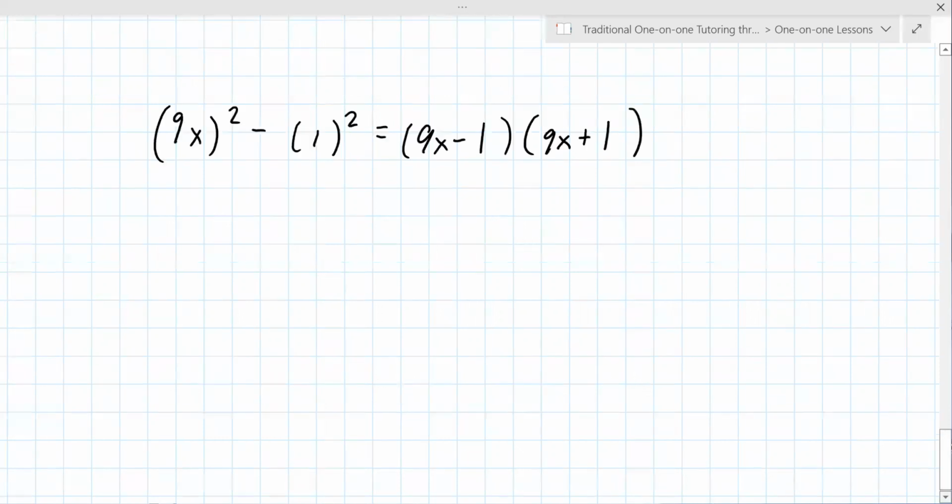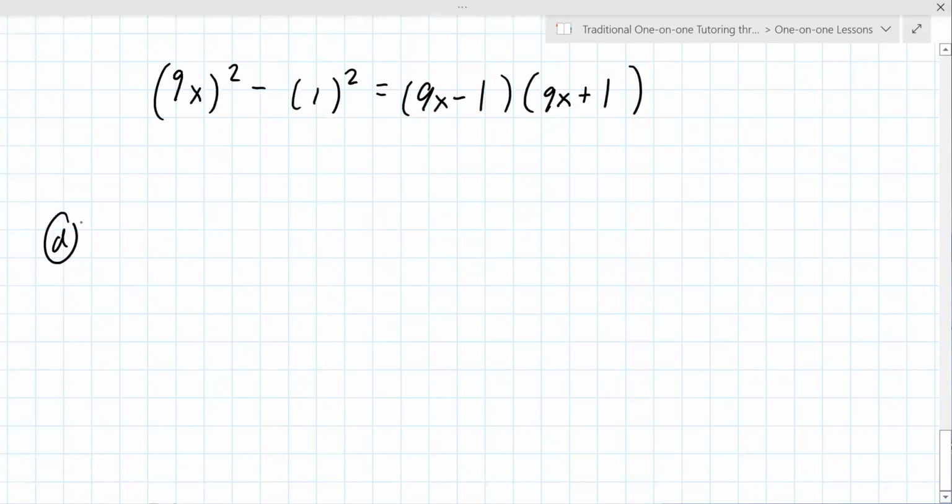So we're finally ready to do problem D. Problem D has one additional step. The additional step is you have to figure out what it is squared minus what it is squared. In the previous problem, I gave it to you. I said it's 9x squared or it's 1 squared. Here you have to figure out what it is. Like, how do you go backwards to 9?